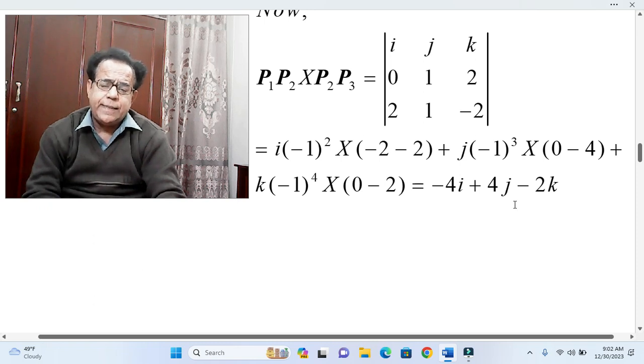In the next step we will take the magnitude of this cross product. It will become 4 square plus 4 square plus 2 square, that is to say 16 plus 16 plus 4. It will become 36, and under root of 36 is 6, and then that 6 will be divided by 2, because the area of a triangle is half of the area of the parallelogram.